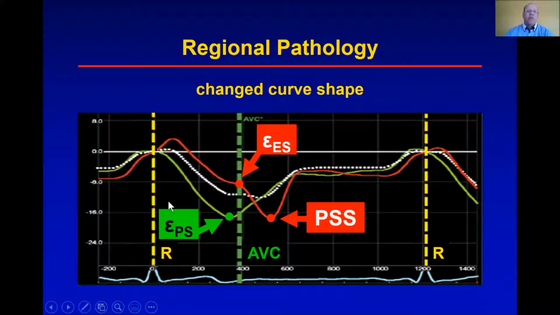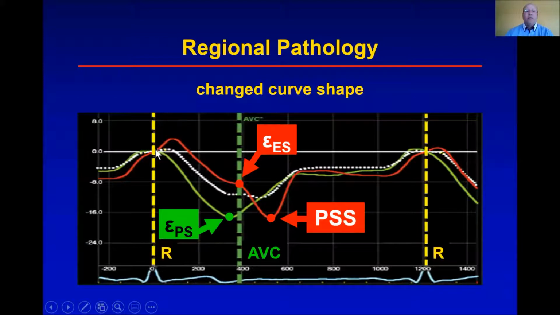When you compare these curves, the normal curve starts the descent at end diastole, and it has the peak at end systole. So you see these yellow lines and green lines here. The yellow line is end diastole, that's the R wave usually. The green line is end systole, aortic valve closure. The red curve is completely different.